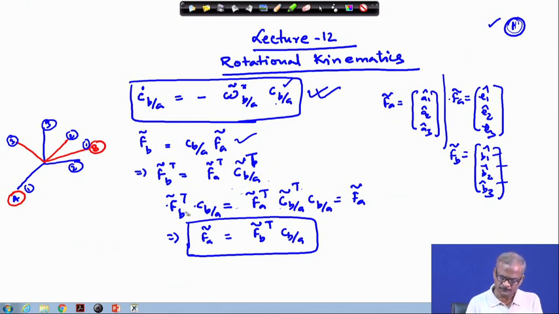Now, this can be rewritten by multiplying both sides by C B/A. This quantity is the rotation matrix, so its product will be I, the identity matrix. Therefore, f A transpose becomes equal to f B tilde transpose times C B/A. This is written here in this place.